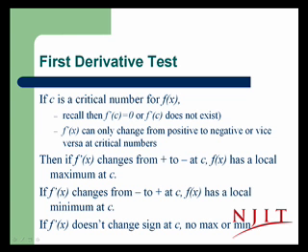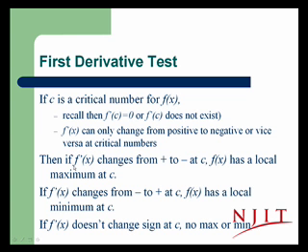Well, that's going to be true for derivatives as well: the derivative of a function can only cross from negative to positive or positive to negative when the derivative is equal to 0, or if we have some sort of a discontinuity going from negative to positive or vice versa.